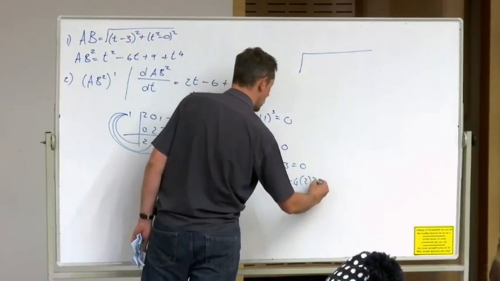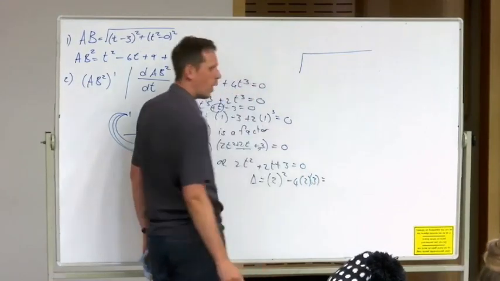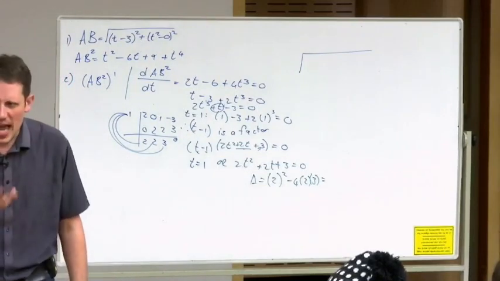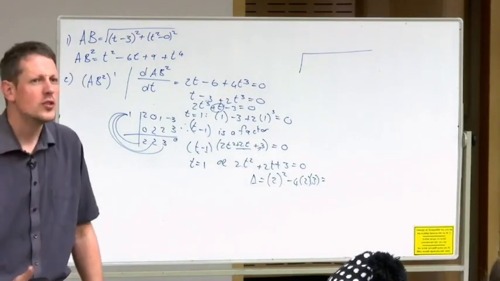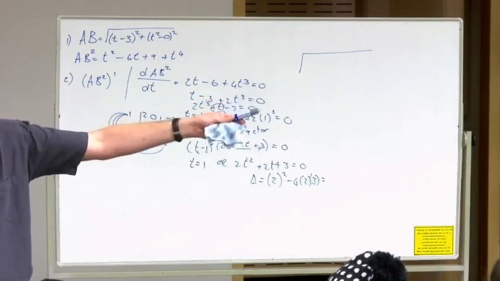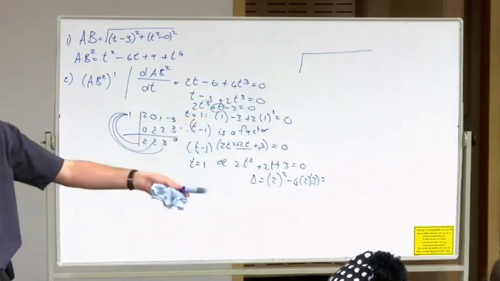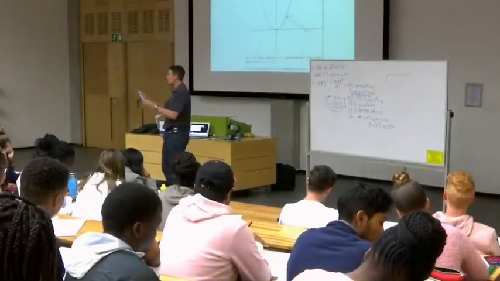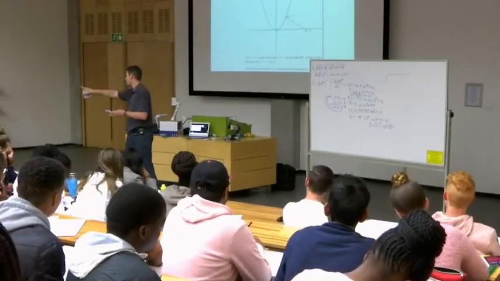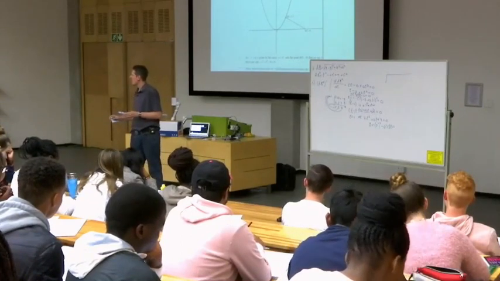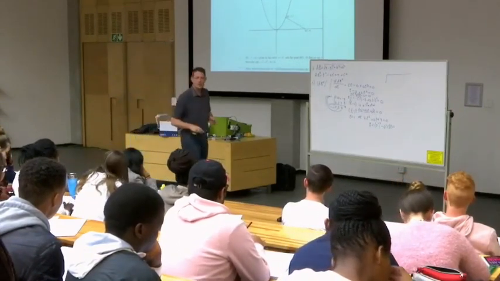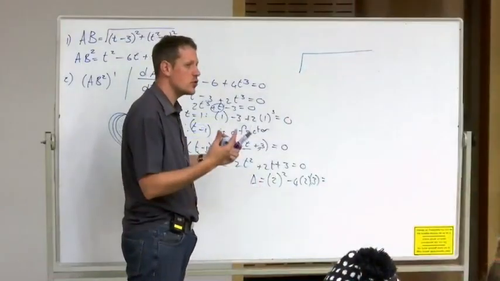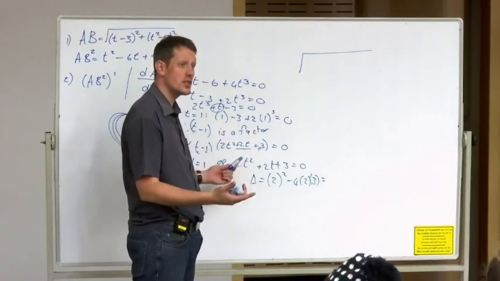Now you guys are going, but sir, why would you go towards delta? Because I want to know, is it actually worthwhile doing the whole big formula? So I calculate delta. If delta is positive, I know I'm going to get real answers. If delta is negative, it's not even worth it to try and solve this, because there's not going to be real values for this answer.